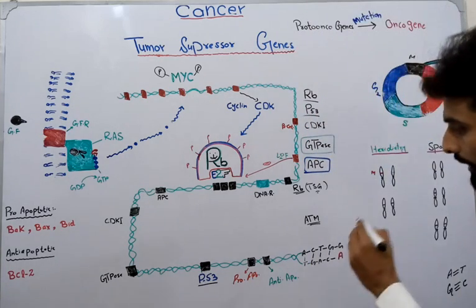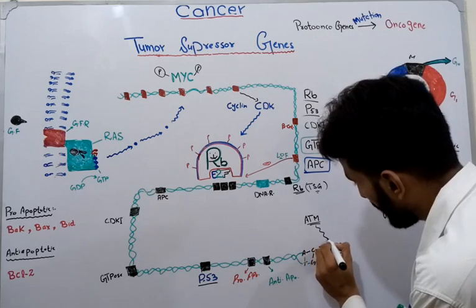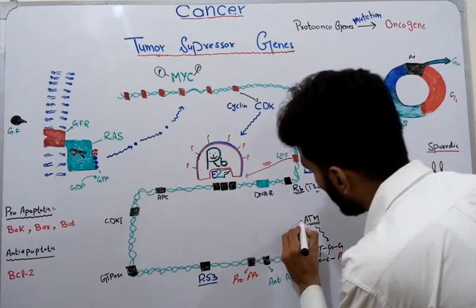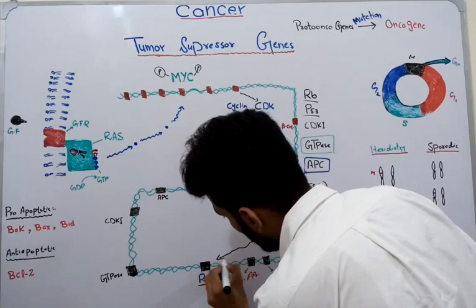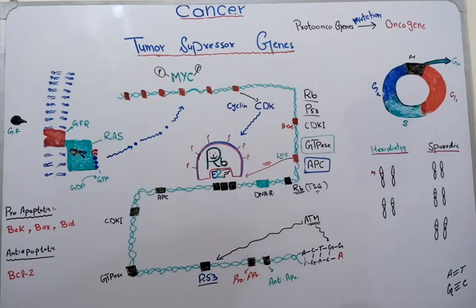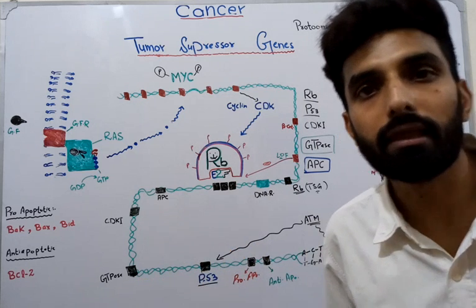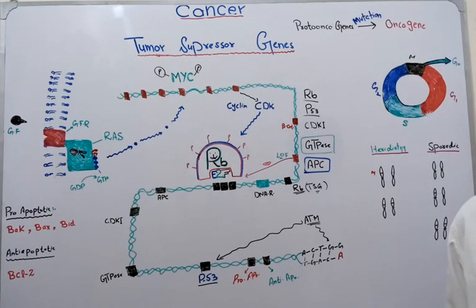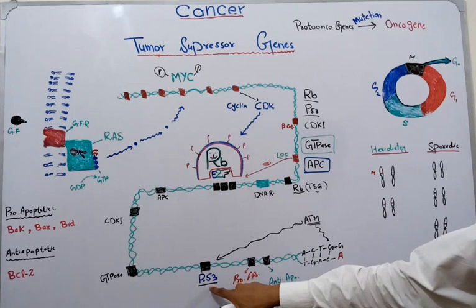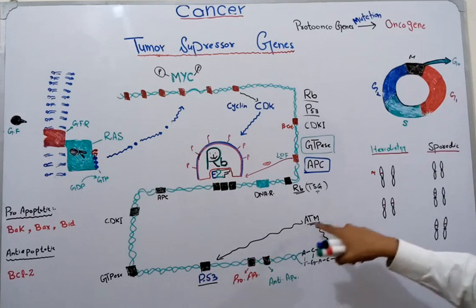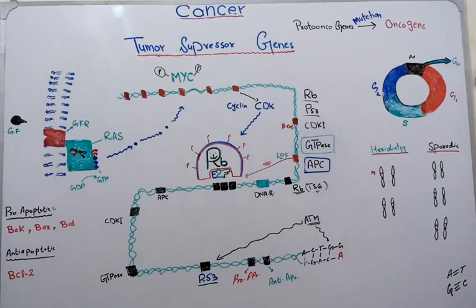And so if this ATM detects a mutation, what will happen? It will also activate P-53. P-53 is, most of the time, sleeping. It will get activated only when there is a mutation. Okay, and who will awaken this gene? ATM. Okay.